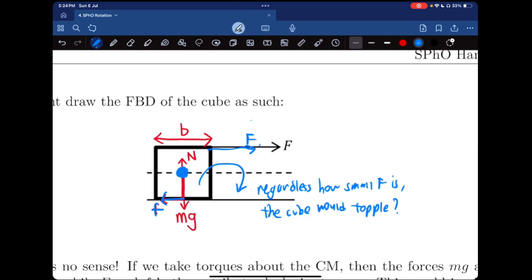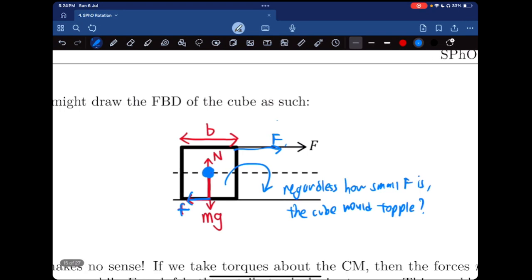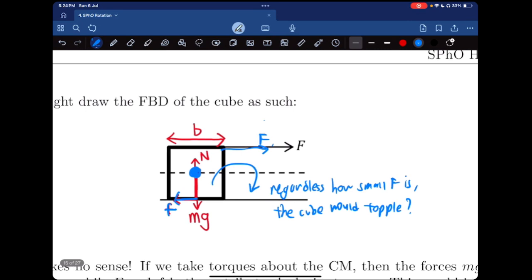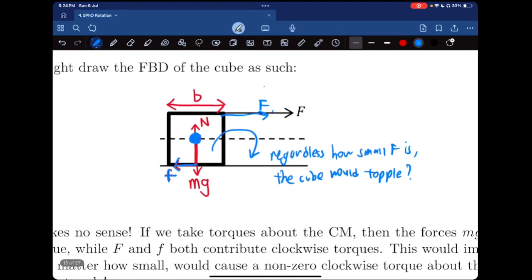Because your torque is always going in this direction. It's always going in the clockwise direction. And there's no counter torque in the anti-clockwise direction to stop it. So this is kind of weird. And well, the reason why it's weird is because this free body diagram is wrong. And the place where the normal force acts is actually wrong. So how do we draw it actually?